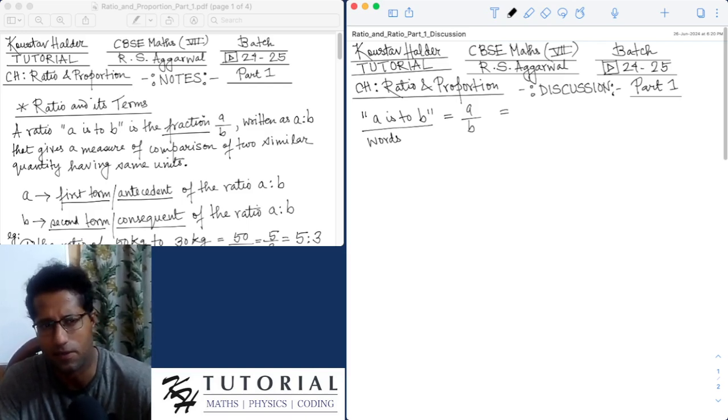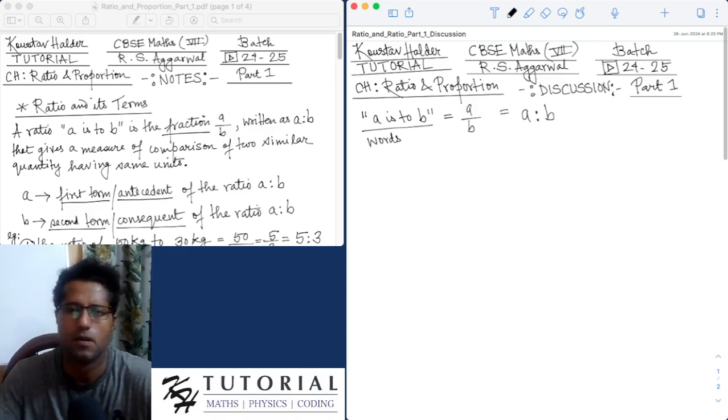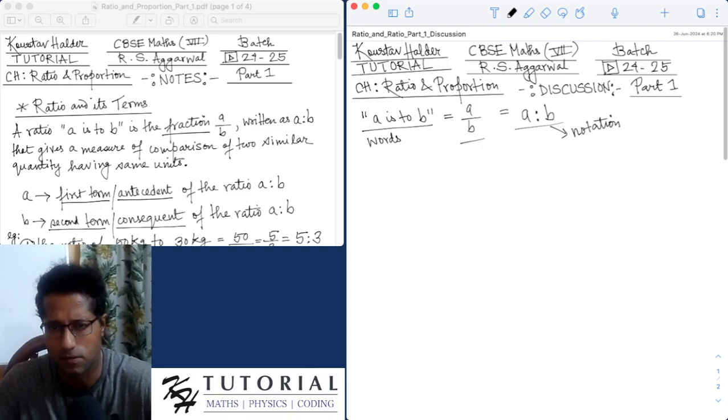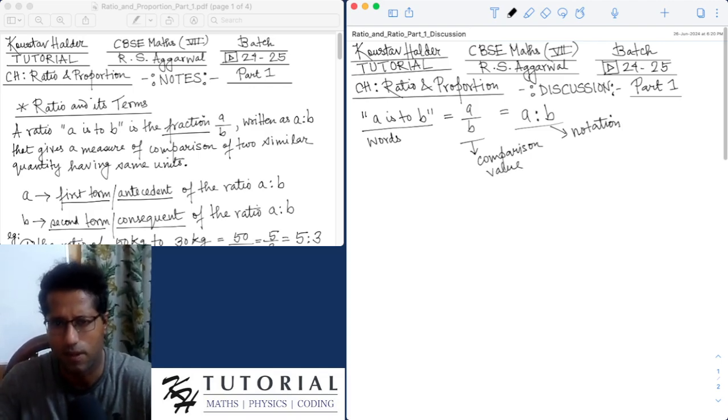Basically, for the ratio A is to B, mathematically its value is the fraction A by B, and the mathematical notation of the ratio A is to B is A colon B. This symbol is colon, A colon B. This is the notation, and A by B is the value, the comparison value, and A is to B is in words.